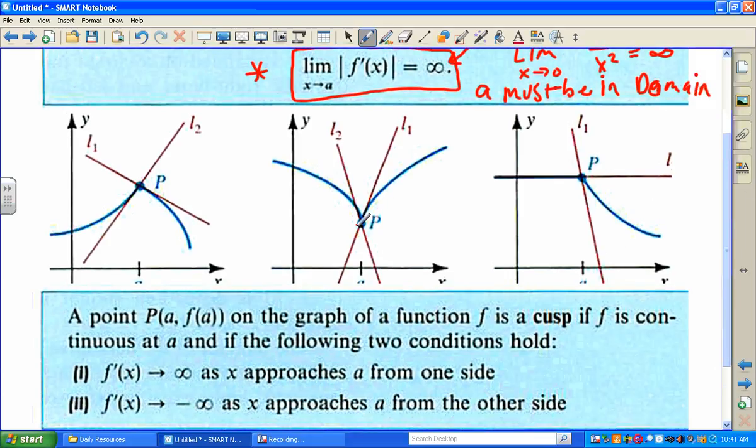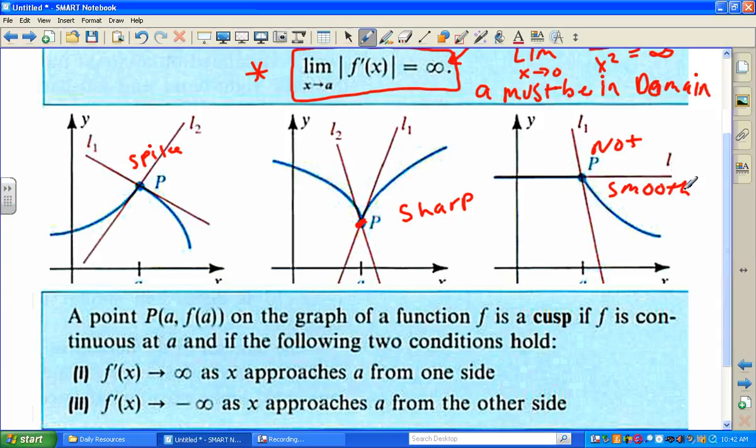Notice these are all continuous spots. The main thing is they have a sharp point. It's a sharp edge, almost like a spike. It's not smooth. If you see that erratic behavior on the graph, then you know it possibly has a vertical tangent line. You can apply the definition.